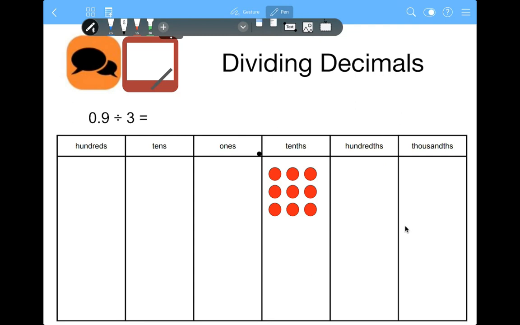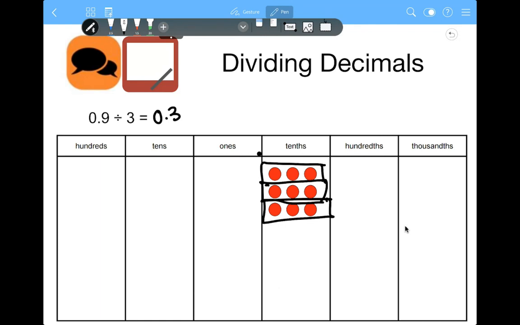So if I divide my 9/10ths into 3 equal groups, how many are in each group here? I'll just make them boxes here. How many are in each group? We would say that there are 3 in each group. And remember, they're tenths, so when I write my answer, it's going to be 3/10ths. So 9/10ths divided by 3 equals 3/10ths.